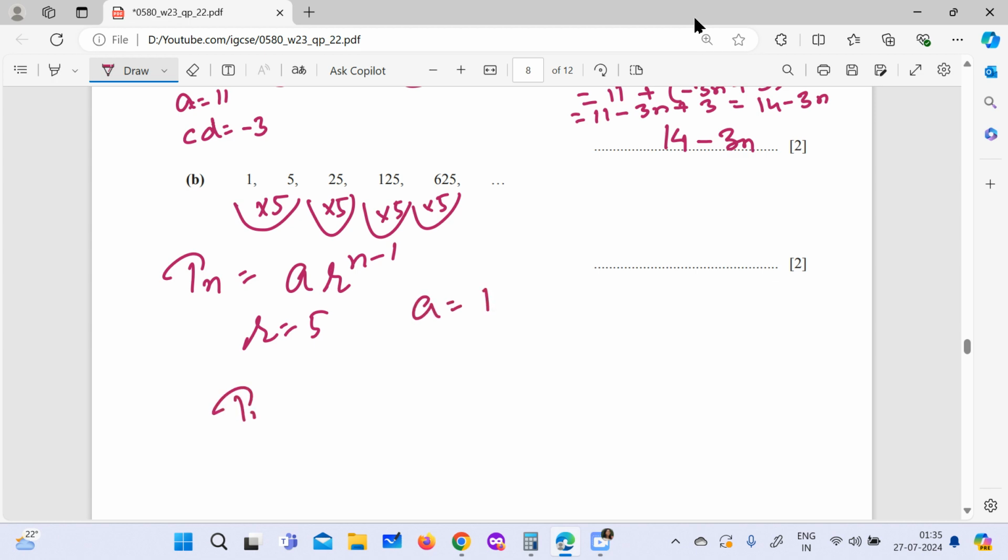So substituting here, you get 1 times 5 to the power of n minus 1. That is nothing but 5 to the power of n minus 1. Okay, so this is the nth term. Okay, so let's move.